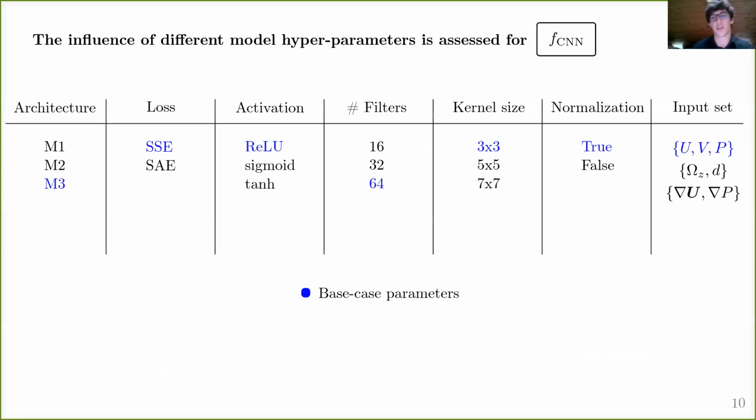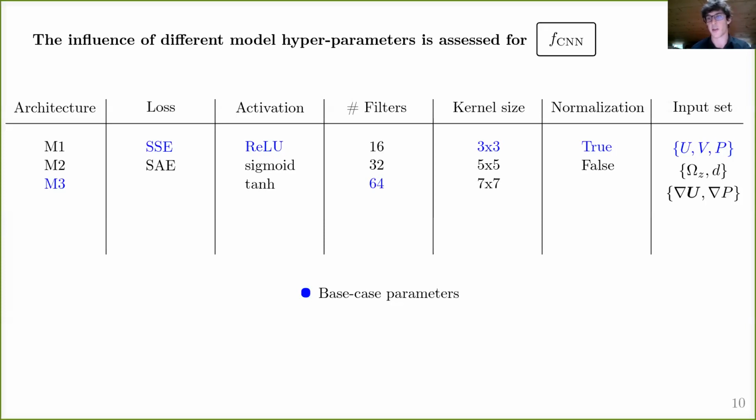So to build these convolutional neural networks, mapping resolved quantities to spanwise fluctuating closure terms, we tested different architectures, loss functions, and activation functions, and we also assessed networks having different numbers of trainable parameters through the maximum number of filters and kernel sizes.